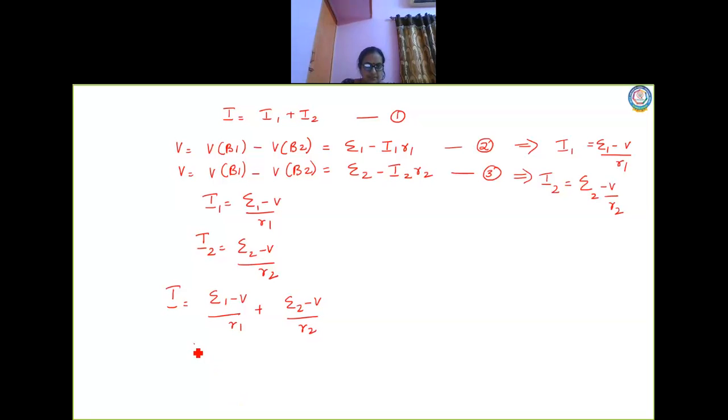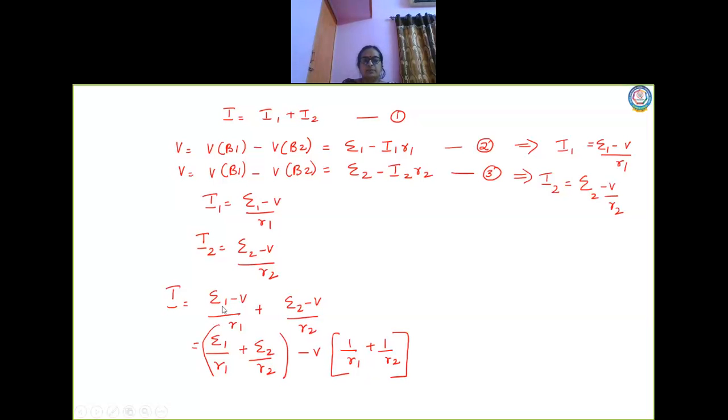Now I will separate this equation as psi1 by R1 plus psi2 by R2, minus V times 1 by R1 plus 1 by R2. What have I done? I have rearranged. Look at the rearrangement.